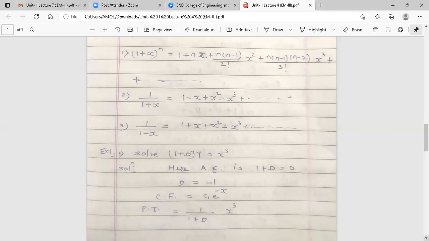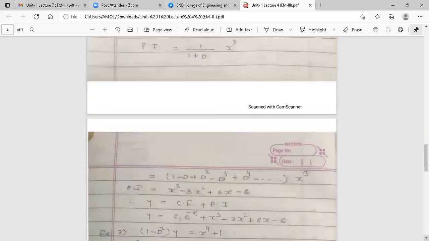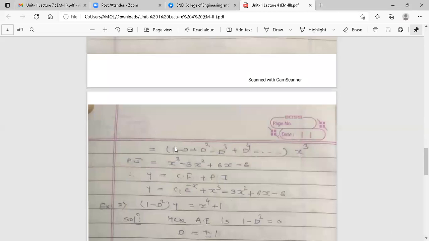And so the series for D is 1 minus D plus D square minus D cube and so on. And your function is f of x equals x cube. Now, how many terms of D do we have to count here? The degree of this polynomial function is 3, so you will get only 3 non-zero derivatives of x cube.